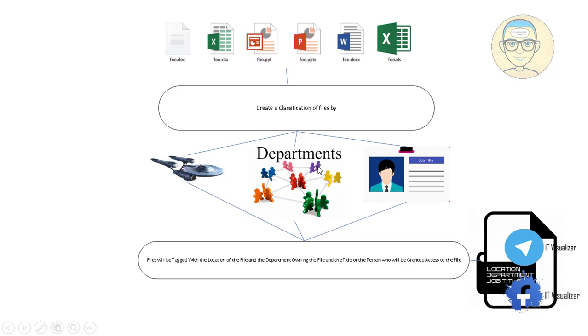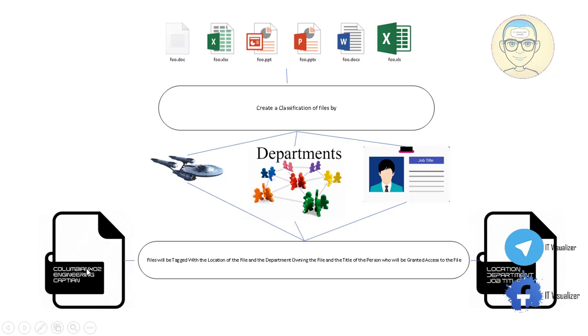I will show you a little bit of something here, just to make sure how the file is tagged. It will be tagged according to three things: the location, department, and job title. So for example, here is the location, Colombia, the engineering department, and for example the one who will access it will be a captain.